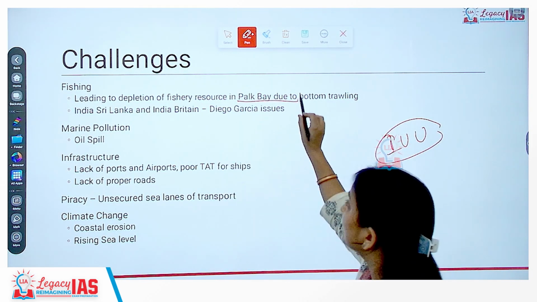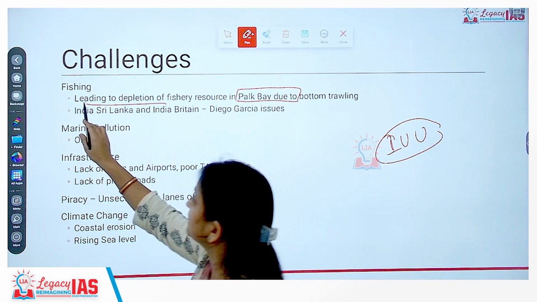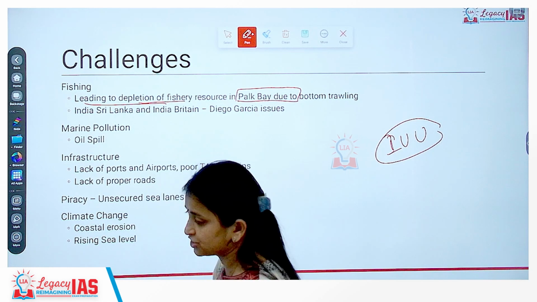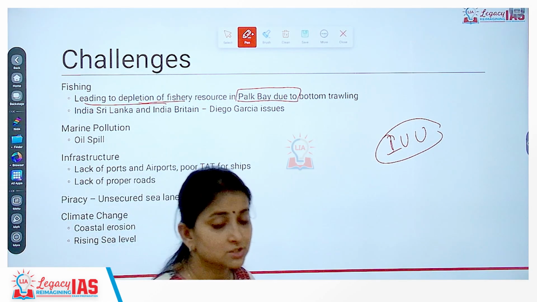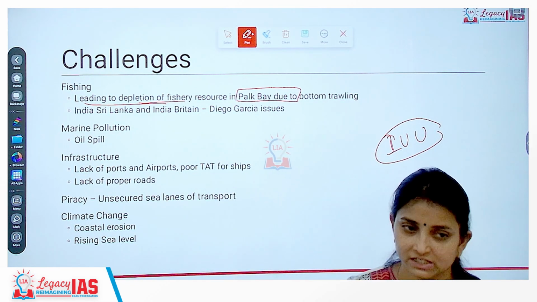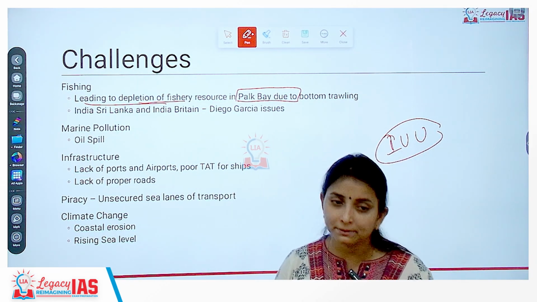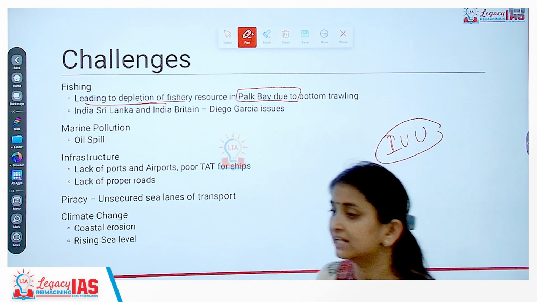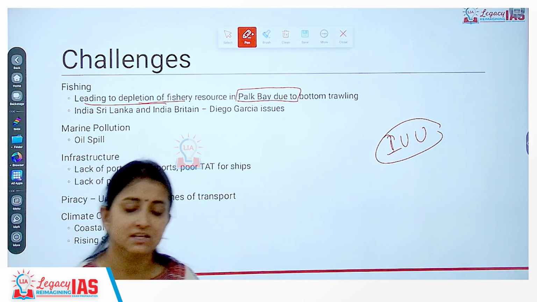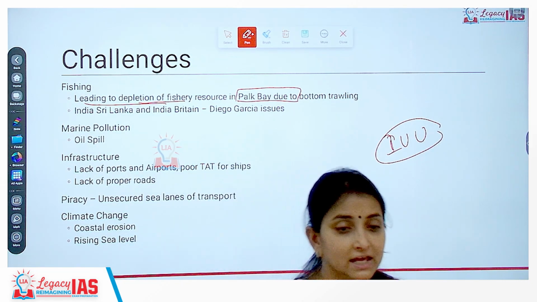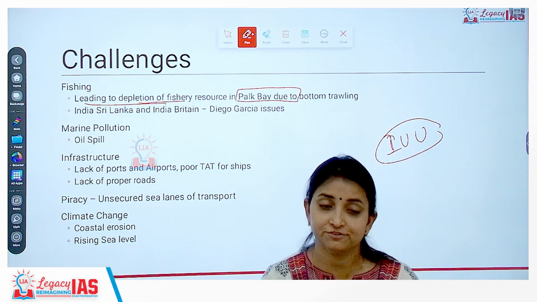In the Palk Bay region, we have already observed this has led to depletion of fisheries resources. Sri Lanka has banned deep sea trawlers, but India so far has not been able to do so. So in the fishery sector, one major challenge is that deep sea fishing has led to a lack of fisheries as a resource in the Palk Bay region. Plus, within the fishery sector, we have one more existing problem, that is the India-Sri Lanka fishermen issue.